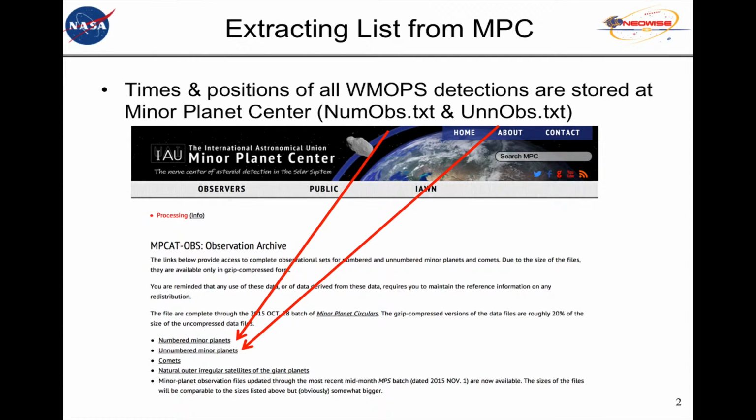In order to utilize the WMOPS detections to obtain a vetted sample, you have to download these database files from the Minor Planet Center, available through the website.